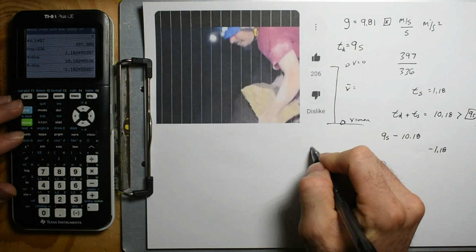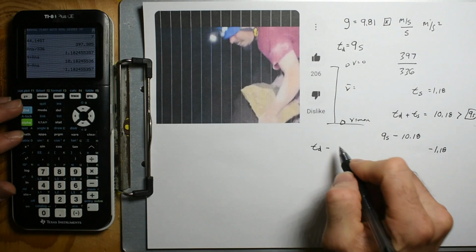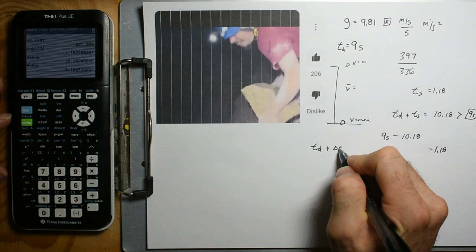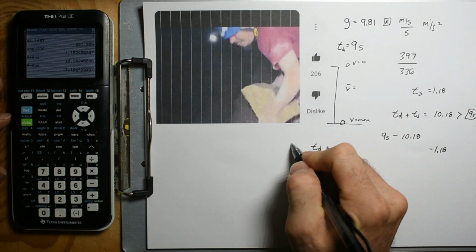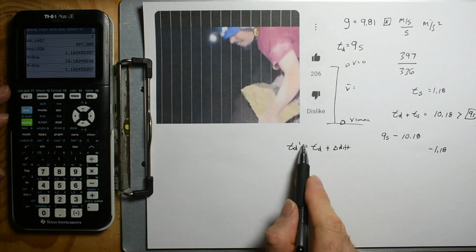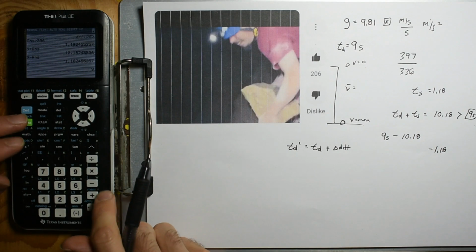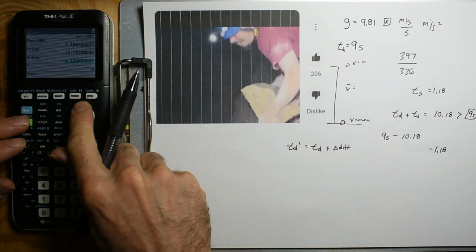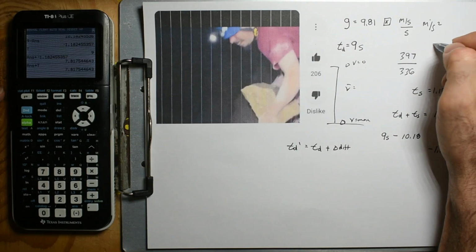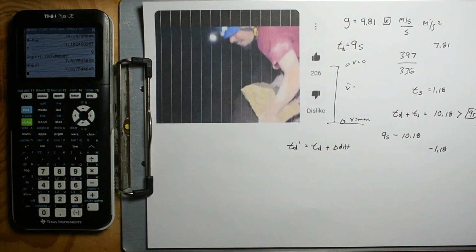So now what we can do is take our time drop and add the difference. This is our new time drop, so this is the iterative step. Our new time drop is the old time drop, t, plus this change. And I'm going to store that. So now that's 7.81, and now we're on our way for this iterative process.